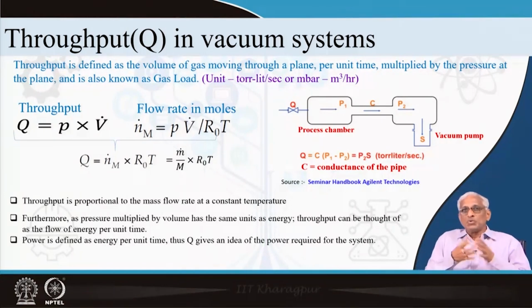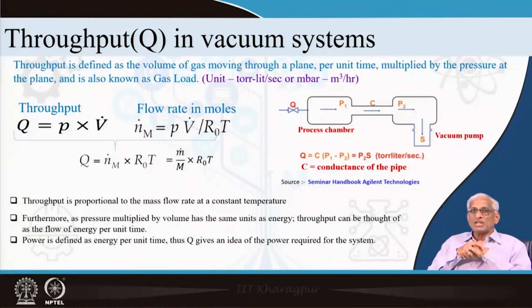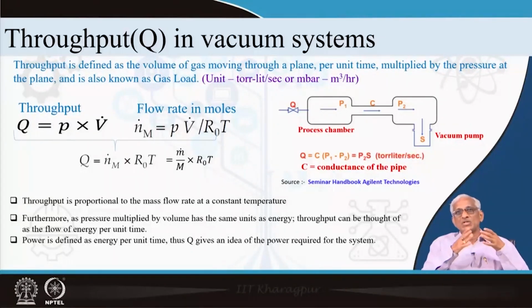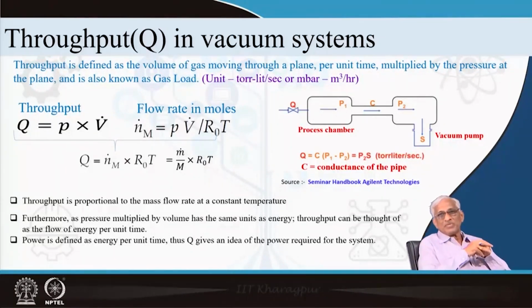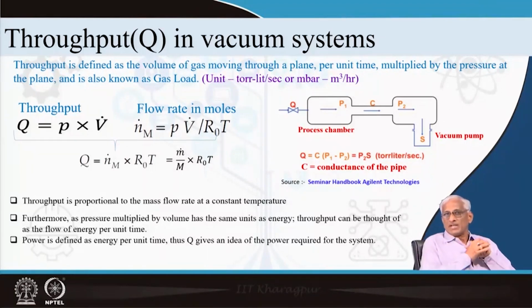and the same throughput you can also link through another equation called conductance into pressure drop, P1 minus P2. How? Because whatever is flowing should be proportional to the pressure drop. In mechanical engineering we know that. So, pressure drop multiplied by conductance is also throughput. If you think of the electrical equivalent, throughput is like a current, conductance is electrical conductance and pressure drop is like a potential drop.